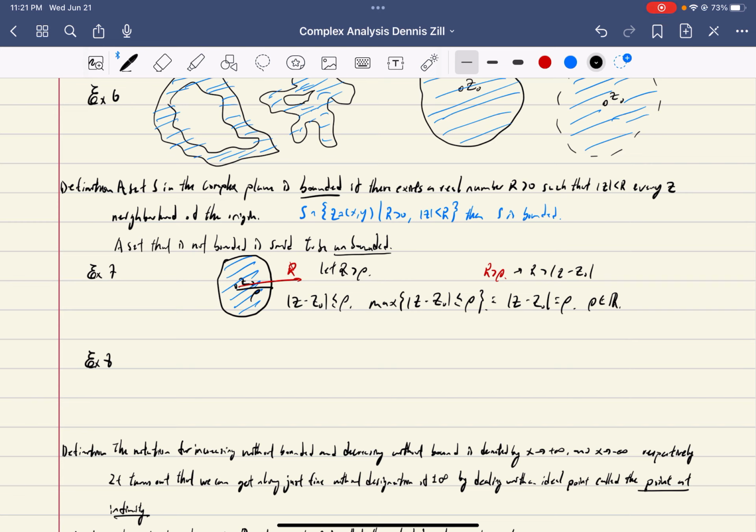We're talking about it being unbounded, because you can always find a real number that's greater than the previous real number. So let's say r is greater than ρ, then r is an element of the real numbers, and there exists an r such that r is greater than ρ. Therefore S is bounded, by the definition, S is bounded if such an r exists.